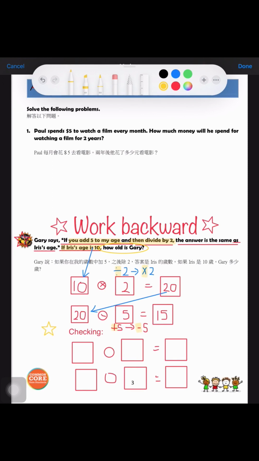Now let's do the checking. If Gary's age is 15, then let's find out Iris' age by adding 5 to his age.